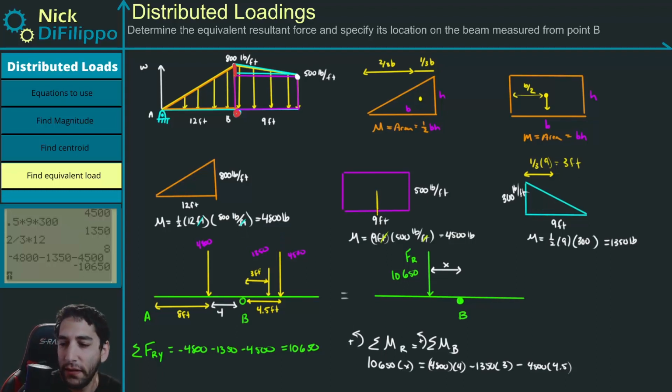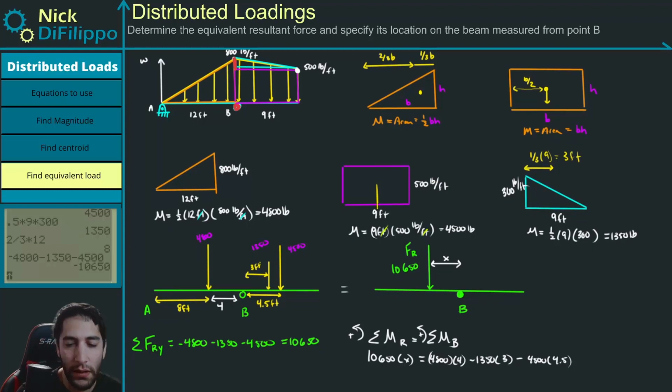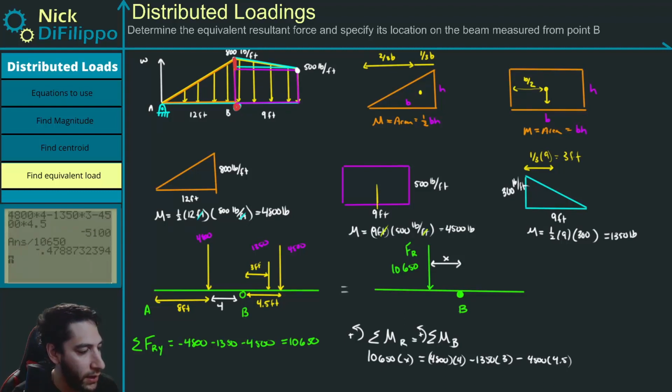Let me move down just a little bit, to give me a little bit more room. Just one more line. And I'll have 4,800 times 4 minus 1350 times 3 minus 4,500 times 4.5.